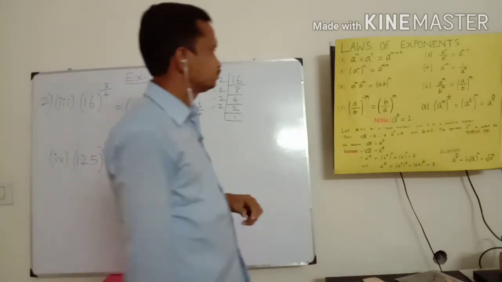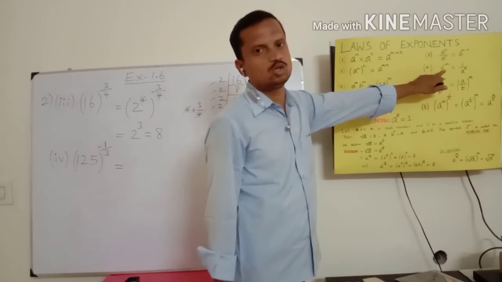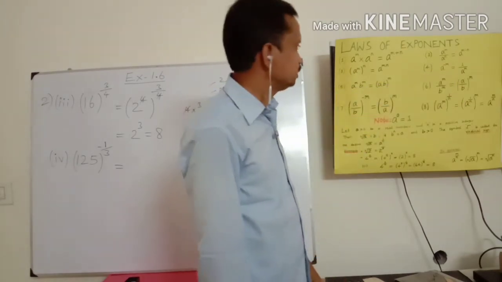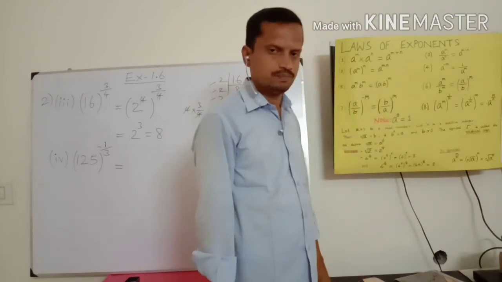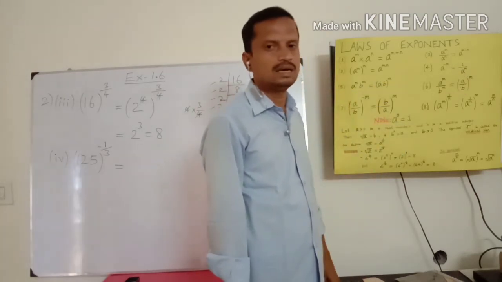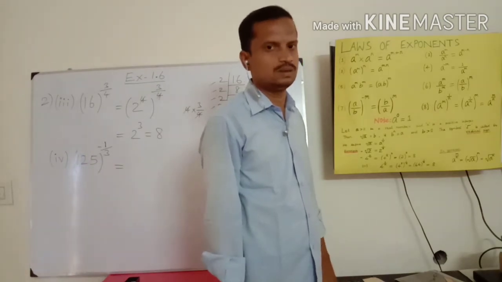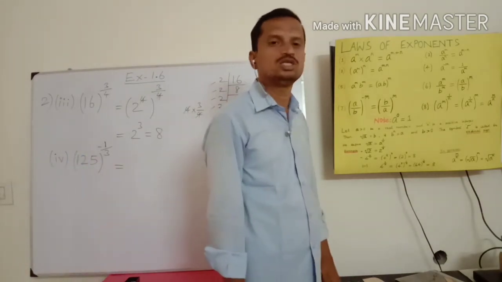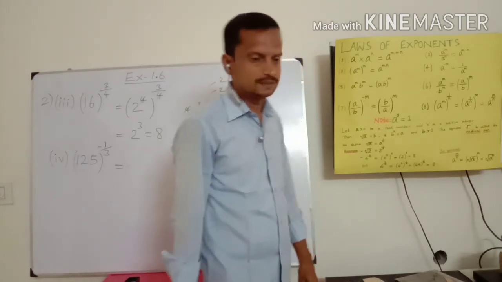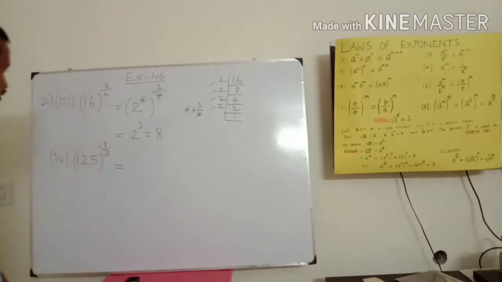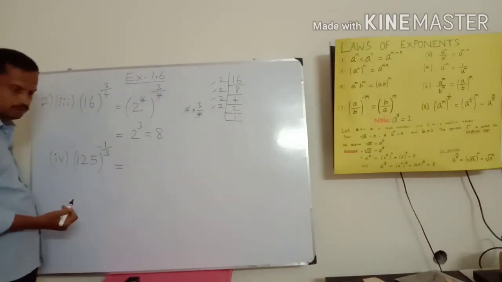Here you can see the fourth law, a power minus m, which is nothing but 1 by a power m. So we are trying to make the exponent a positive power. For that we have to take the reciprocal, then you get a positive exponent. By applying the same here, the base is 125.